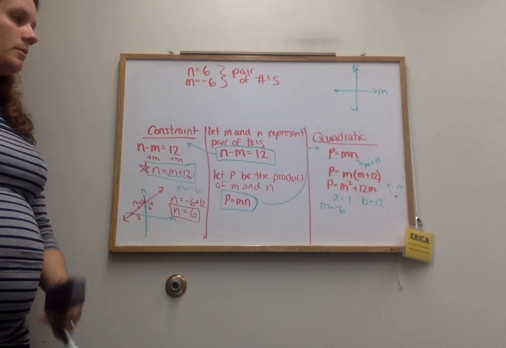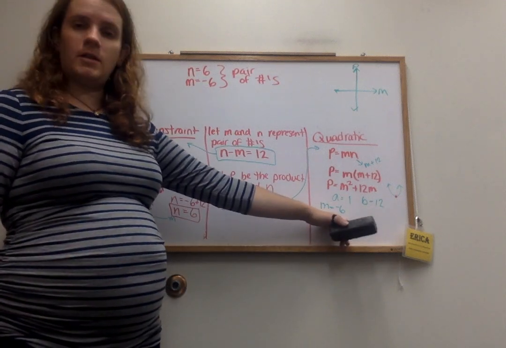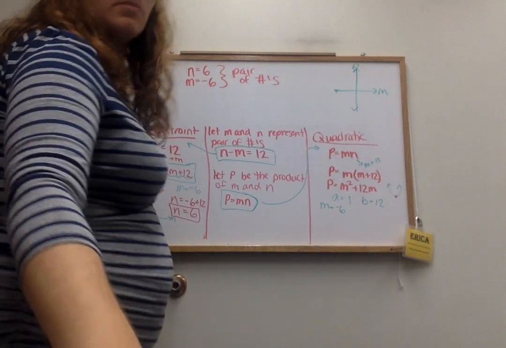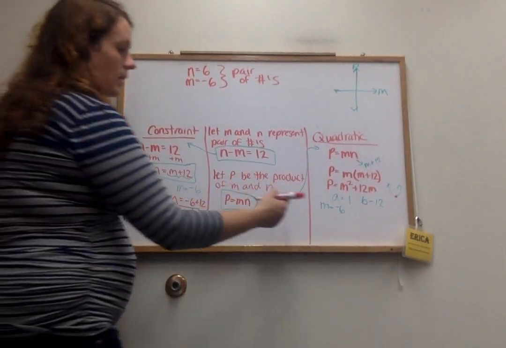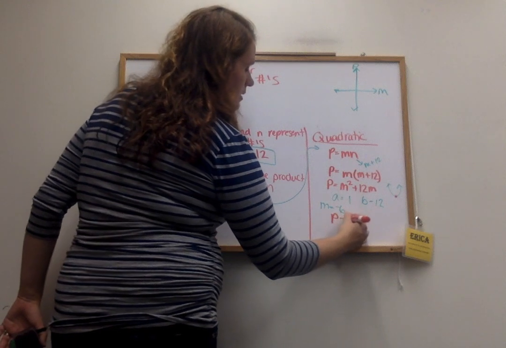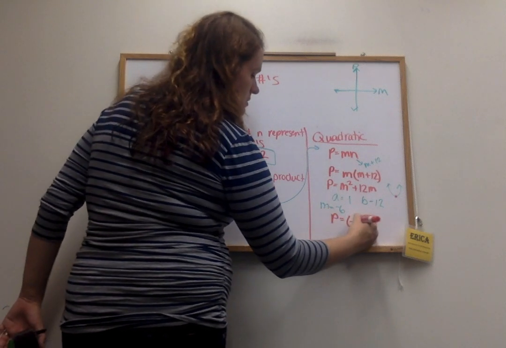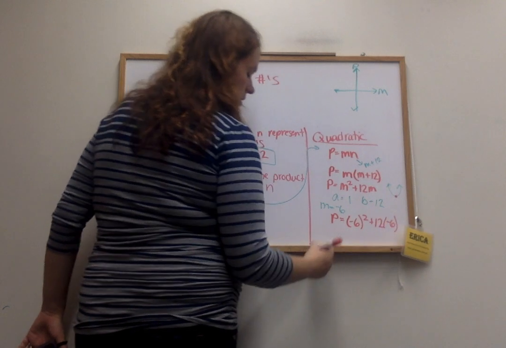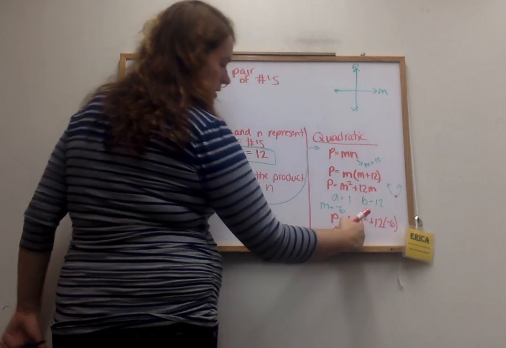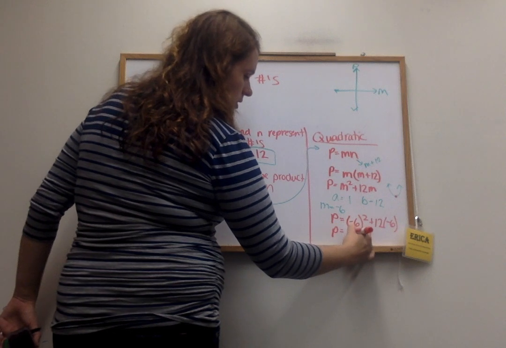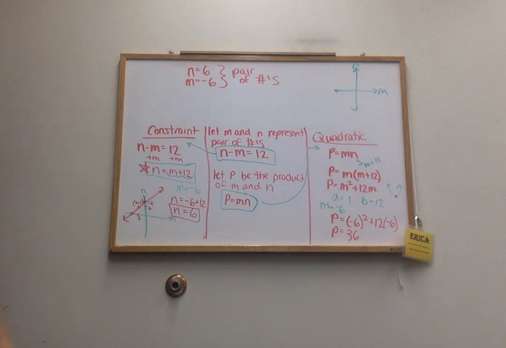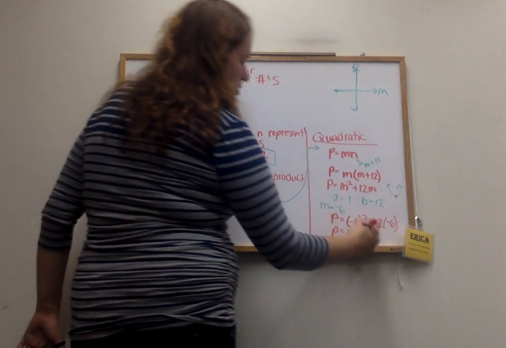I also need to find the product. Okay, so I can come over to this equation, and I can say that p equals m is negative 6. So negative 6 squared plus 12 times negative 6. P equals negative 6 squared is 36. 12 times negative 6 is negative 72.